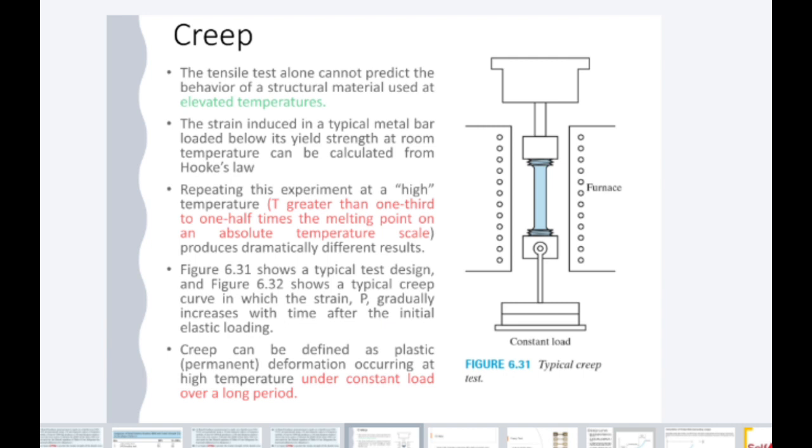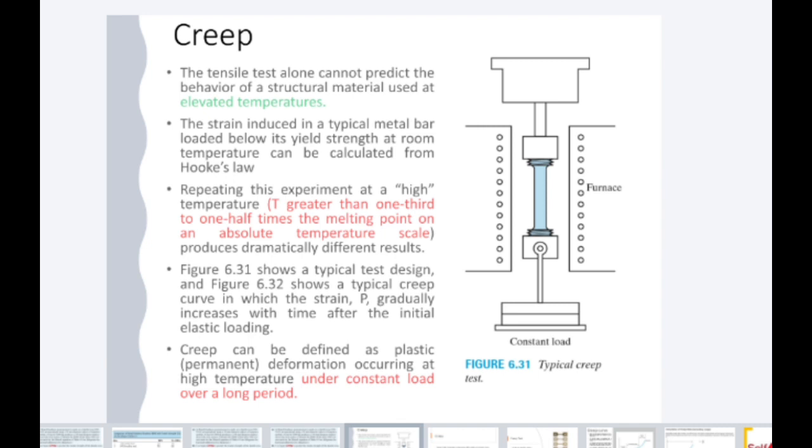Now, you remember the video for the tensile strength. At the end, I told you that we have this machine and we have furnaces. There were furnaces behind the machine, which we have not used, but there were. So when we use those furnaces, we test the material at high temperature. And as I told you, whenever we are using the boiler, the steam engine components and all these, wherever there is a high temperature, the oven, right?